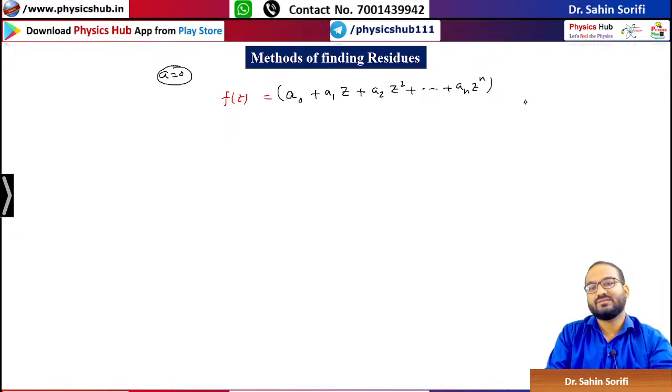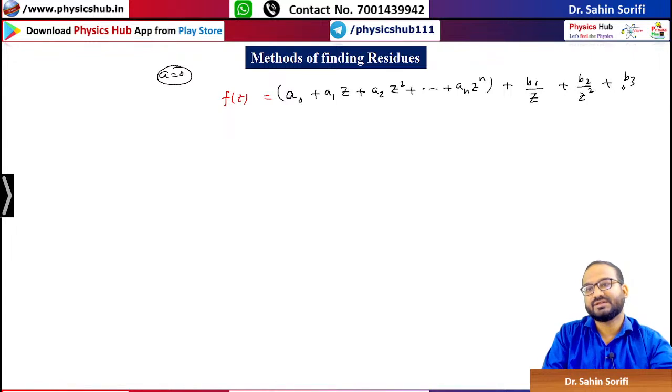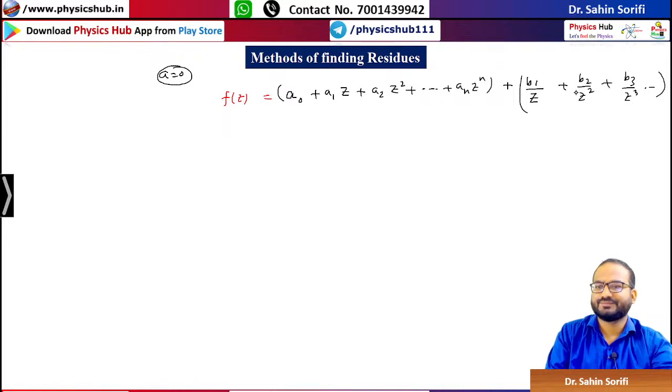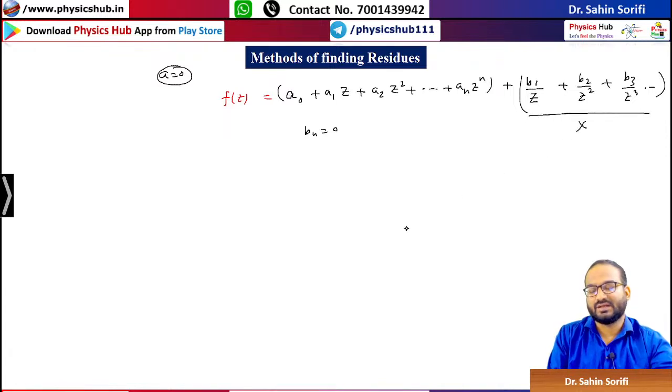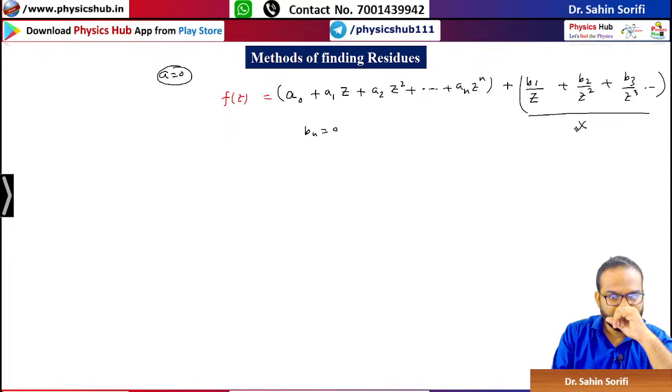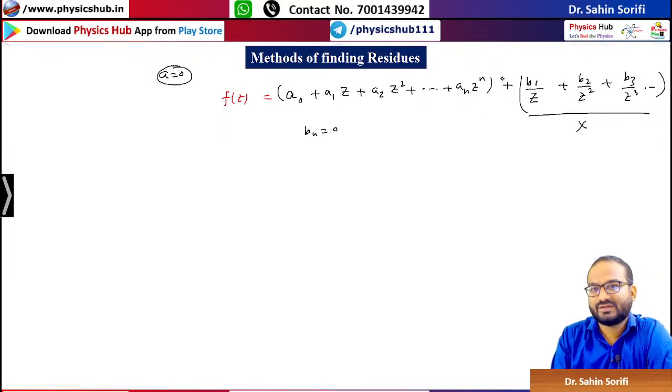For the b related terms, you see here z is appearing with positive powers, but for b the powers will appear in the denominator: b1 by z, b2 by z squared, b3 by z cubed and so on. If there is no b, meaning if bn equals 0, meaning all these terms are not there, then that corresponds to a removable singularity. So only terms with powers of z in the numerator will appear, not in the denominator.